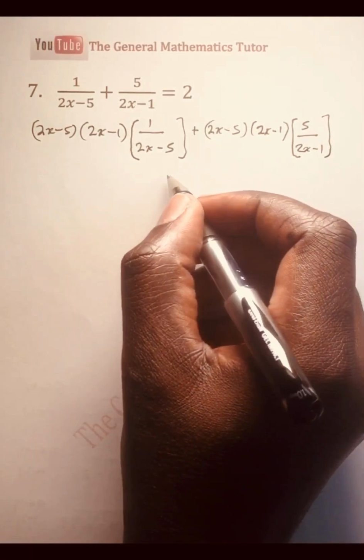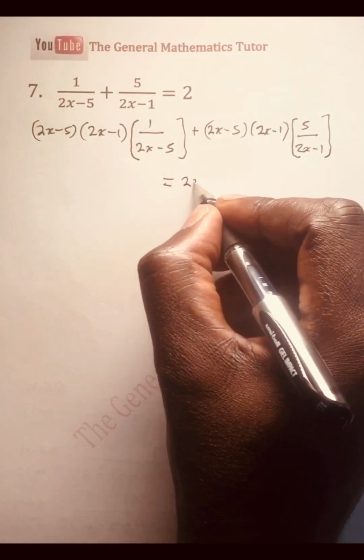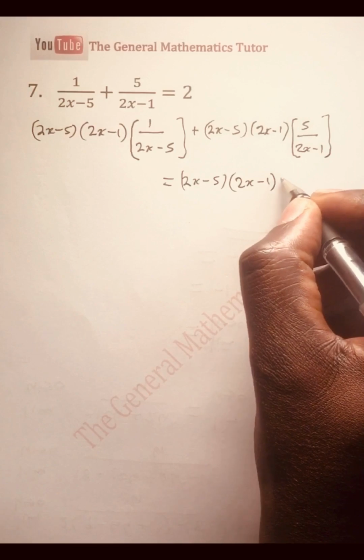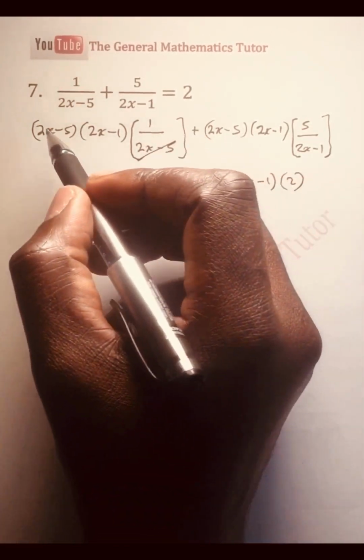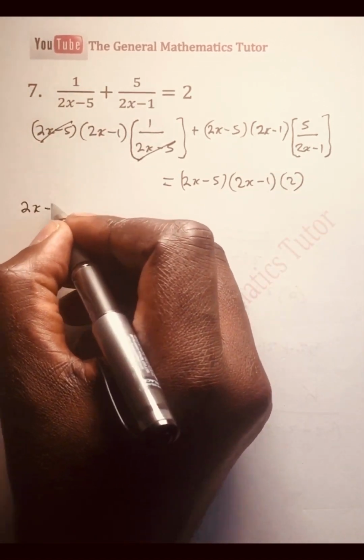Then we also do the same with the one on the left hand side. So you have (2x minus 5)(2x minus 1) times 2. So this 2x minus 5 and 2x minus 5 will cancel, so we're left with 2x minus 1.